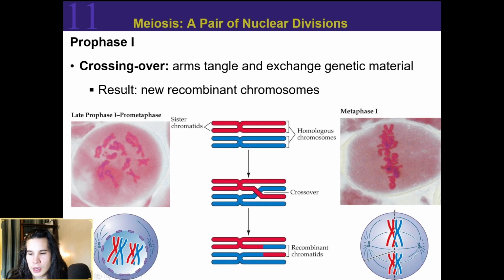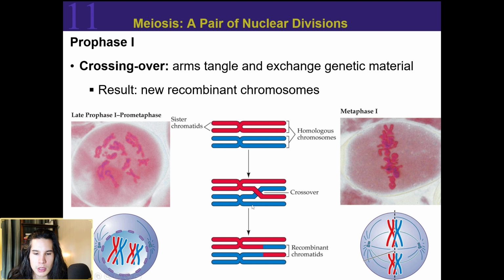Now, once those tetrads are formed, you get a process called crossing over. This is the first process that's actually going to be the self-induced creation of genetic variation. Crossing over is where, once you form those tetrads, you swap genetic material between those homologous pairs. In this case, you have your maternal chromosome number 1 and your paternal chromosome number 1.